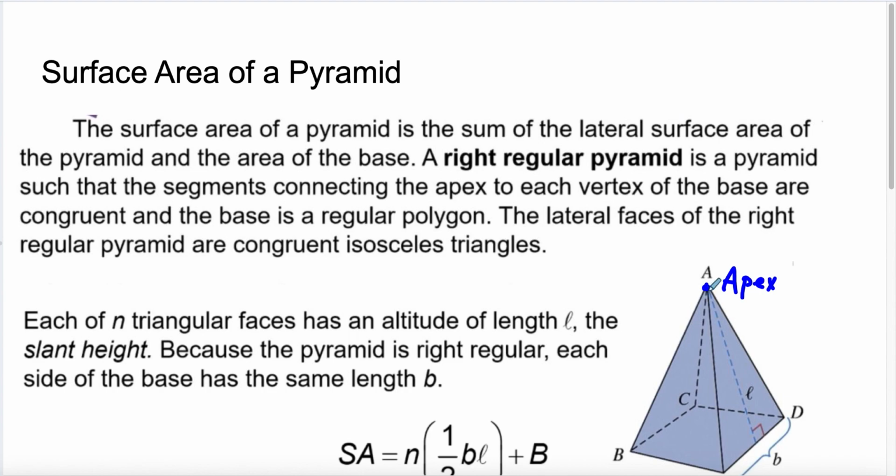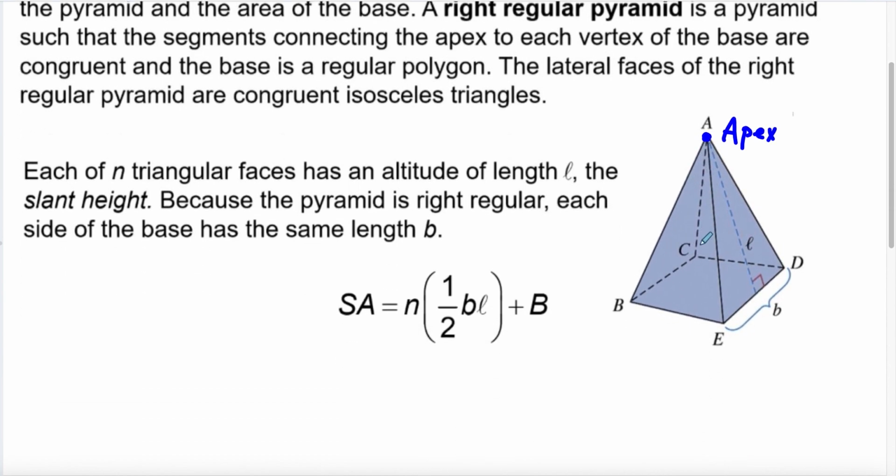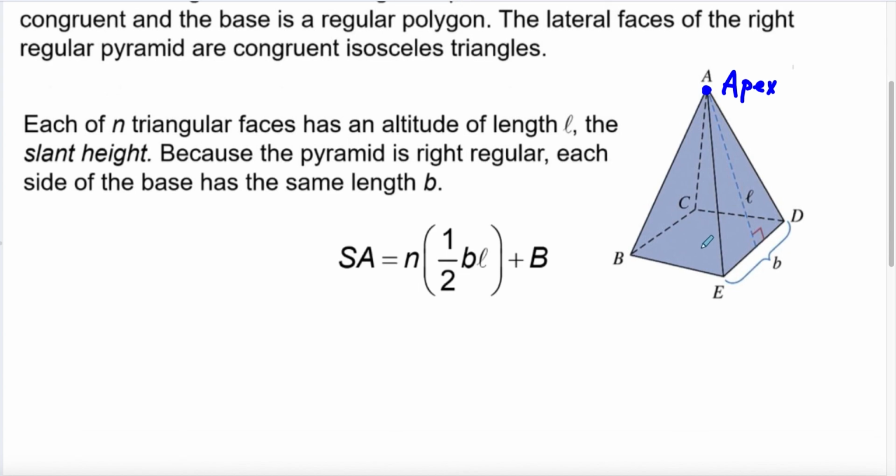Okay, so there is an apex and 4 vertices, so there are 5 vertices in the pyramid in this specific case. The apex is always one point in the pyramid that is not on the base. In this case, we have a square pyramid, but it doesn't always have to be a square pyramid, right?